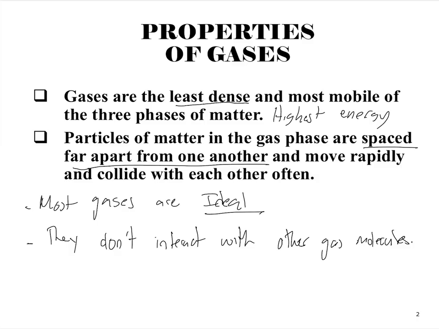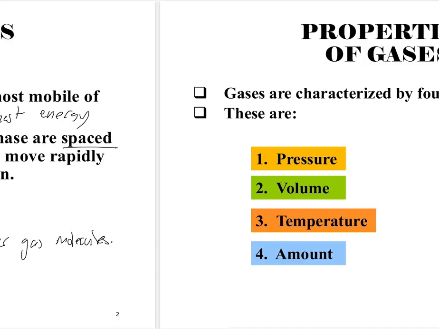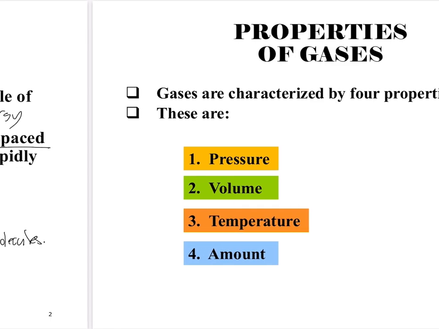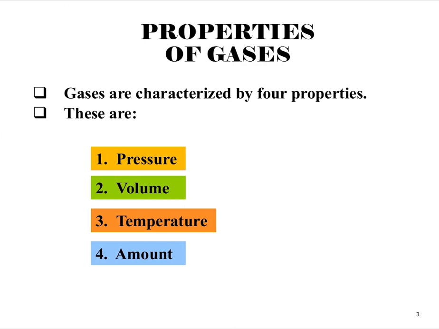But we assume most gases are real. And I think for a lot of the properties of gases, we have an intuitive understanding of how they behave. And what are the properties that we understand gases with? We understand the pressure of gases. So the pressure is the force per unit area of a gas.